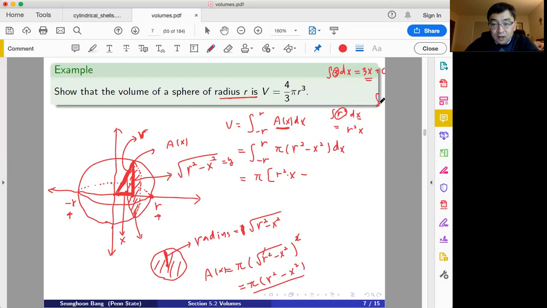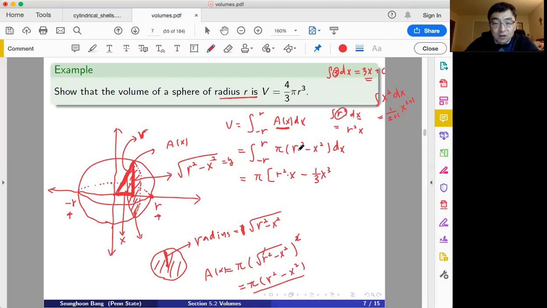So do you have any idea what is integral x squared dx? The integral x squared dx is, do you know the power rule? 1 over 2 plus 1, x to the 2 plus 1, the next one. So we have 1/3 x cubed.